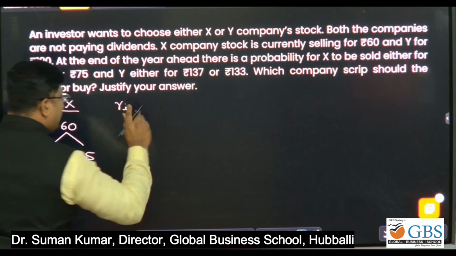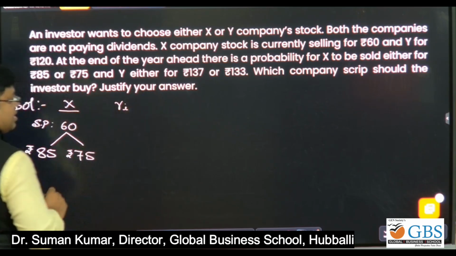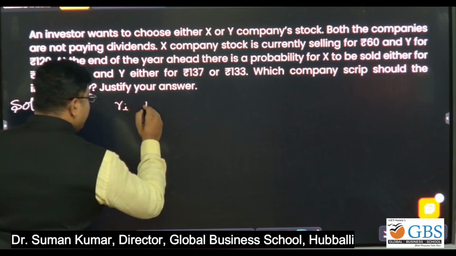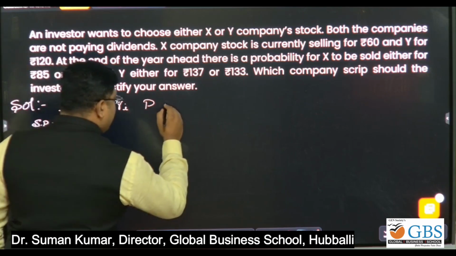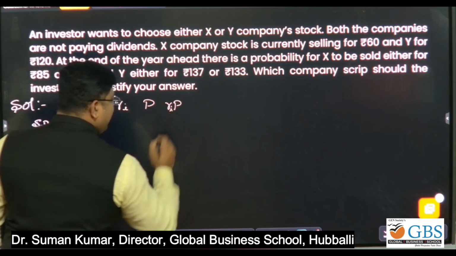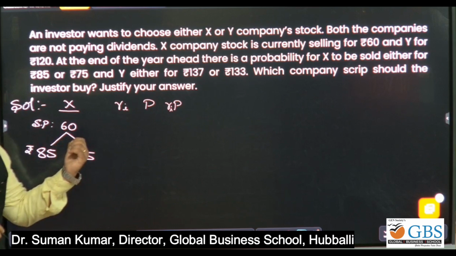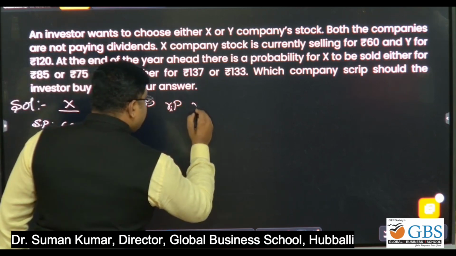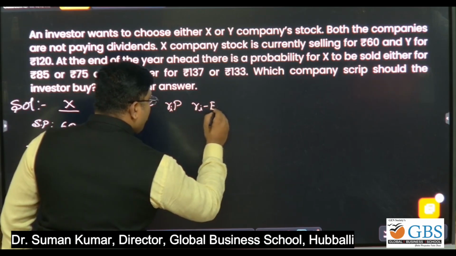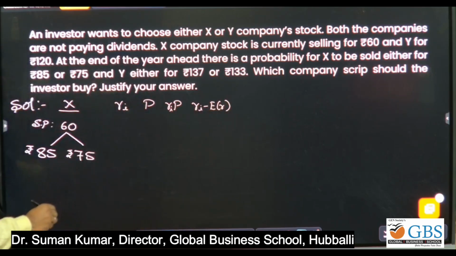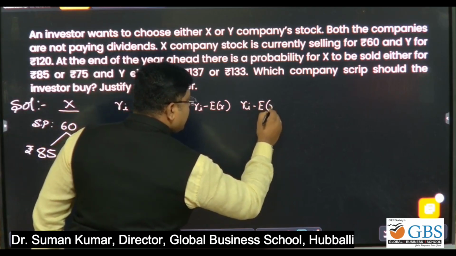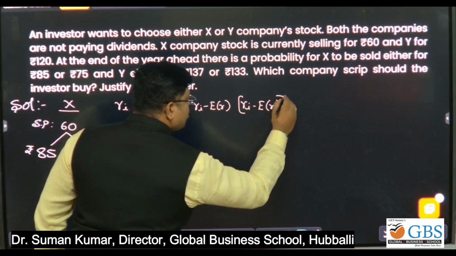So these are the columns you will get. Don't write, just listen. Ri, return of the i-th script. Then the probability, then to find Ri into P, we have to multiply the probability with return. Then we need to deduct the overall expected return and square it, that is Ri minus R whole square.